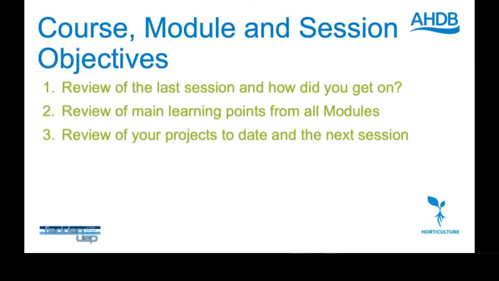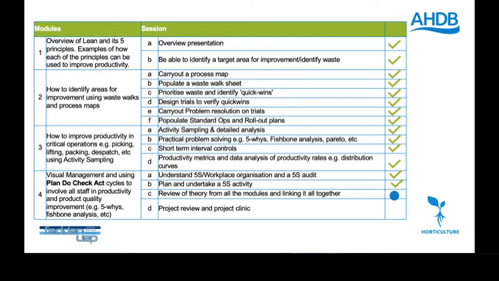This session is just a review of the main learning points and to see how you've been getting on. Last time, as a reminder, we talked about 5S activity, this idea of sort, so getting rid of all the clutter, set, a place for everything and everything in its place, shine, the practice of spending 5-10 minutes at the end of each day to make sure everything's put back the way it should be, standardise, which is documenting it, and making sure there's a standard way of doing work and doing 5S within the operation.